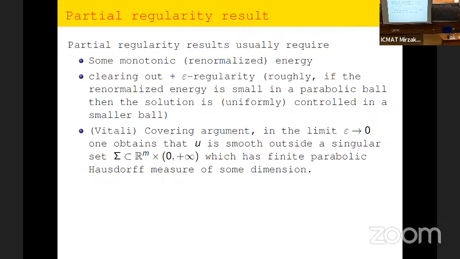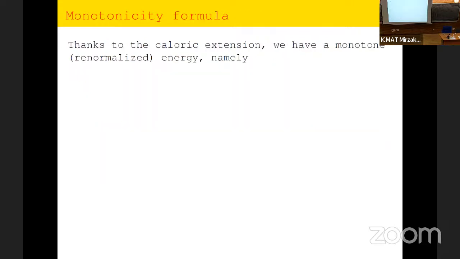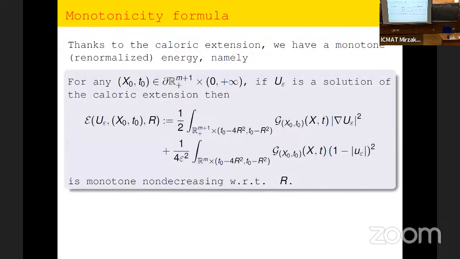The first step, of course, is to identify the energy that is monotone. Well, essentially playing with the fact that here you are using the caloric extension, so you are extending with the heat equation, it's maybe not easy, but quite natural to try with this energy.